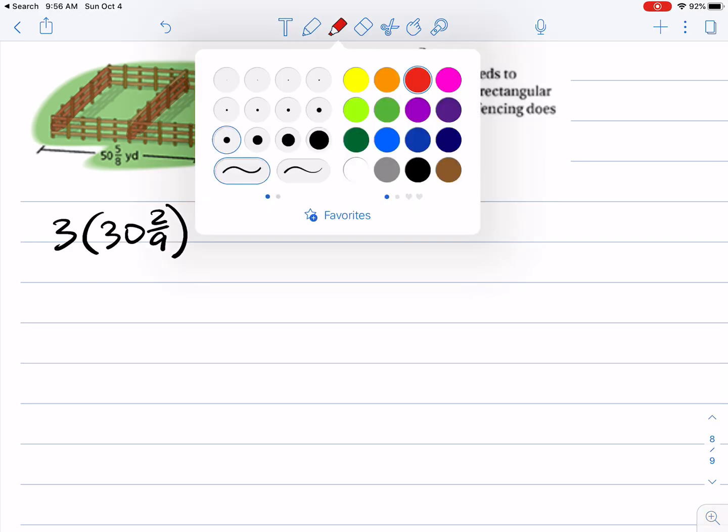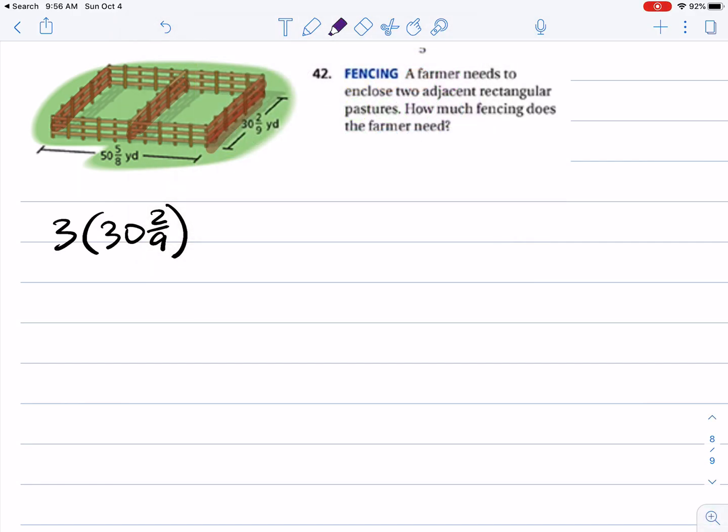And then we have this other fencing going in the other direction. That is 50 and 5/8 yards, and there's 2 of those. So that is going to be 2 times 50 and 5/8 yards. And once we figure out what all of those are together, we will add them.